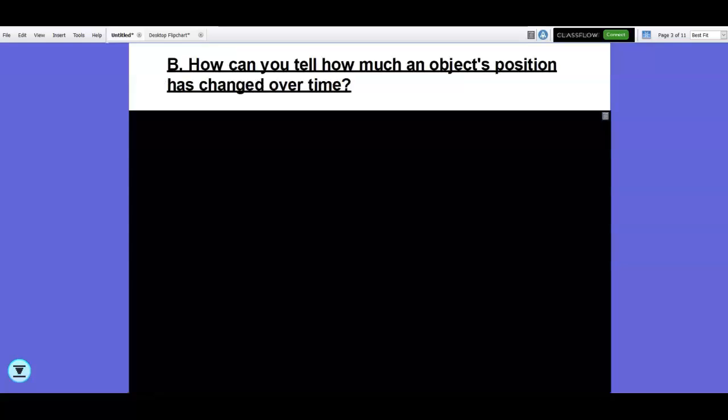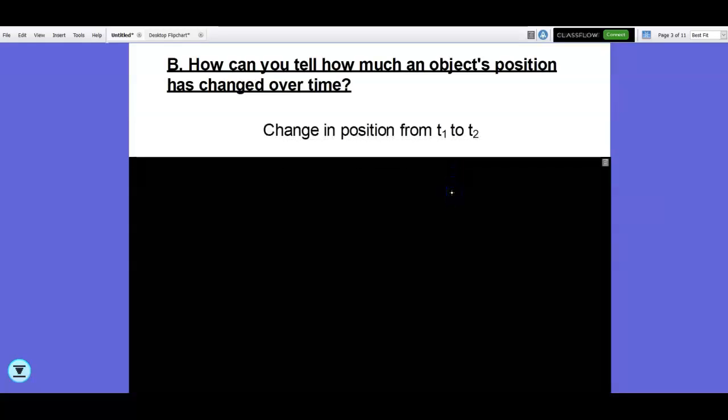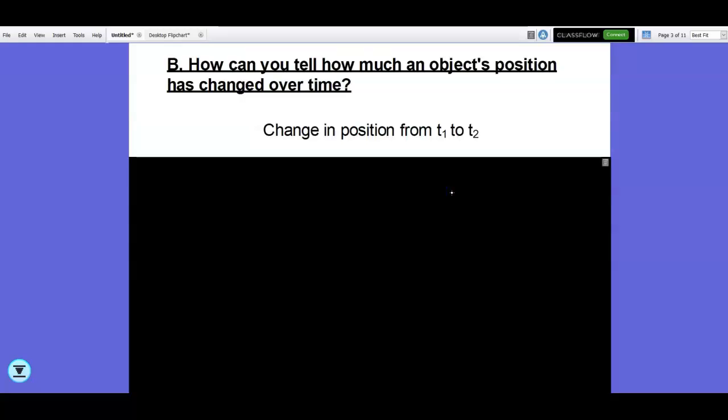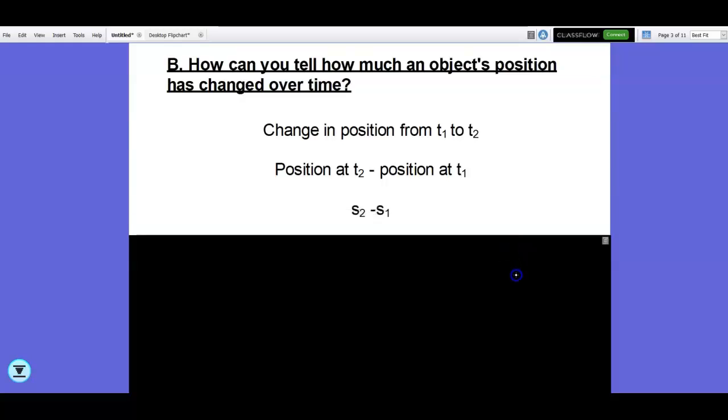So how can you tell how much an object's position has changed over time? Well, if you want to find out how much the object's position has changed from time 1 to time 2, you find the position of the object at time 2, find the position of the object at time 1, and subtract them. That will tell you how far apart it is.